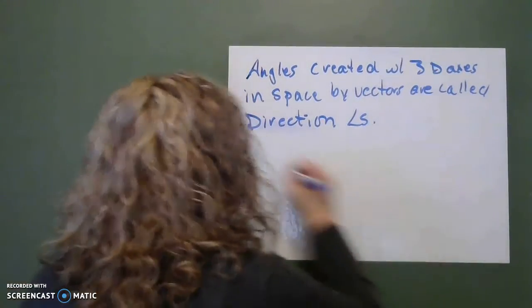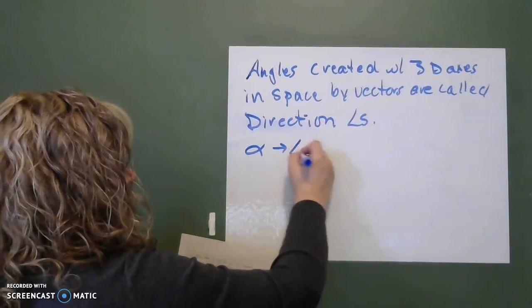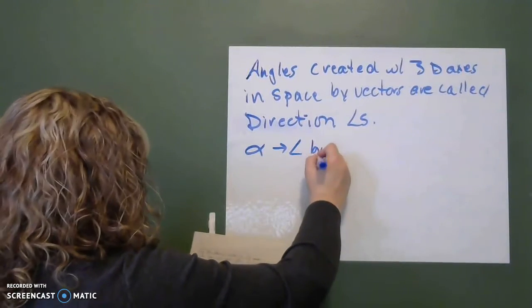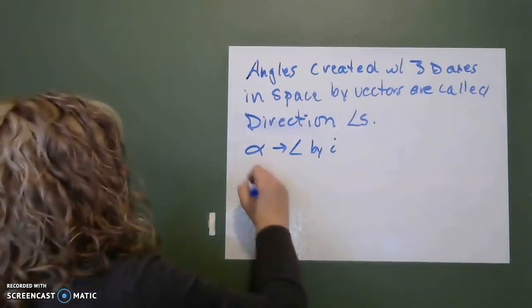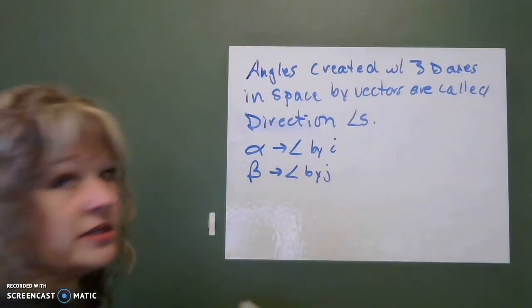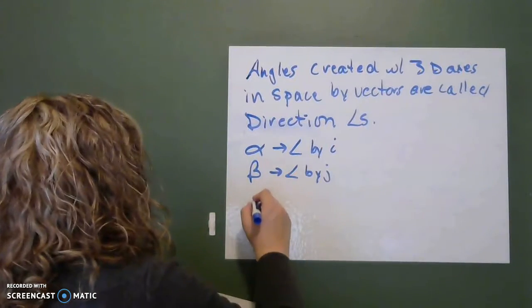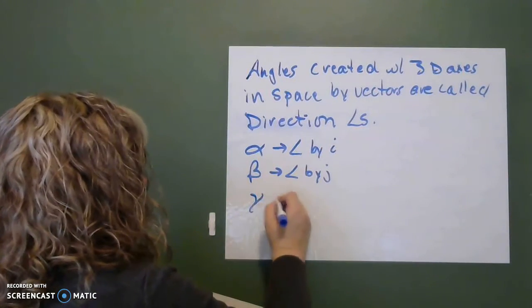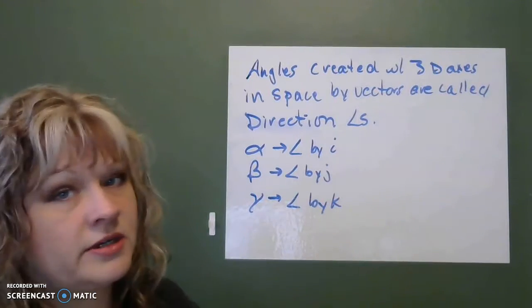And alpha refers to the angle formed by the vector and I. Beta refers to the angle formed by the vector and J. And gamma refers to the angle formed by the vector and K.